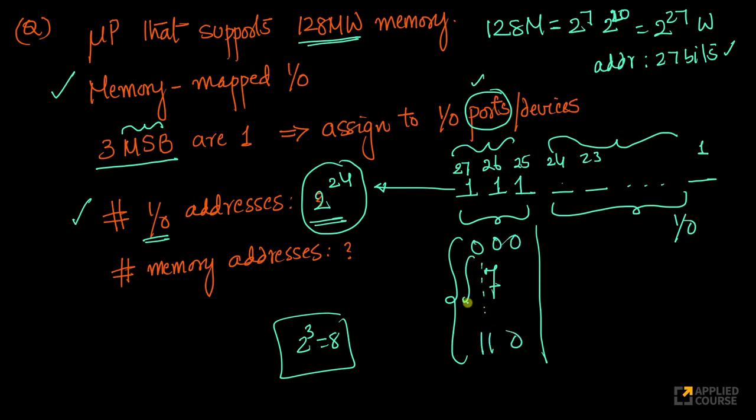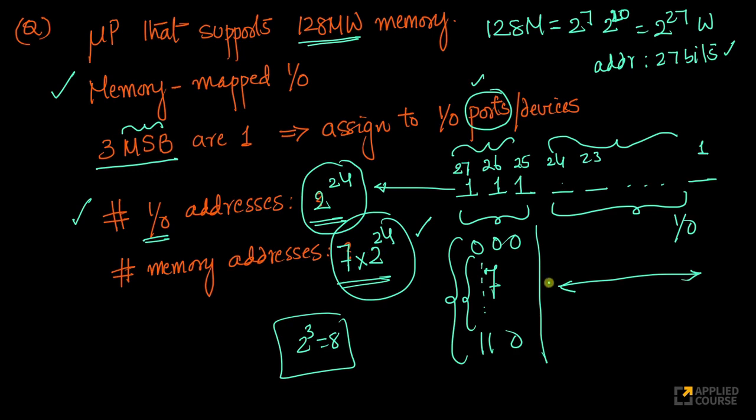So the first 3 bits can take 7 out of the 8 values. The next 24 bits can take 2 power 24 values. So the total number of memory addresses is 7 into 2 power 24.